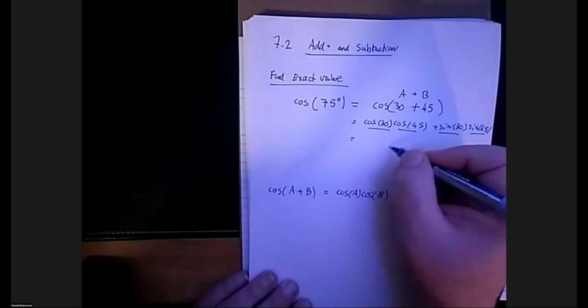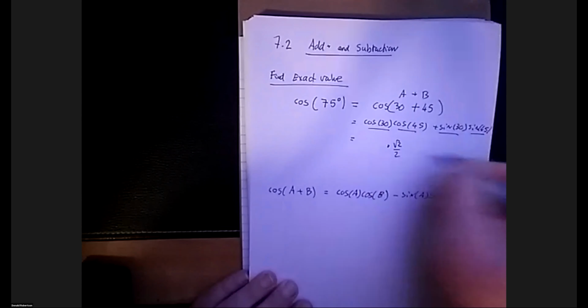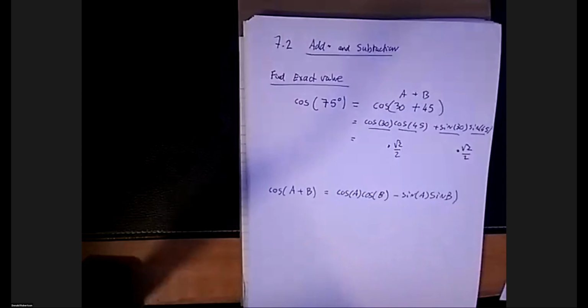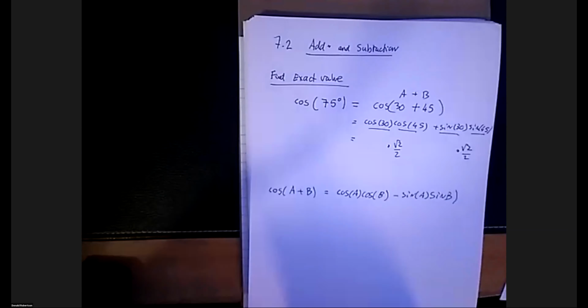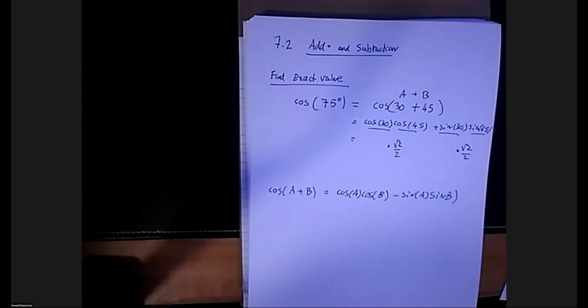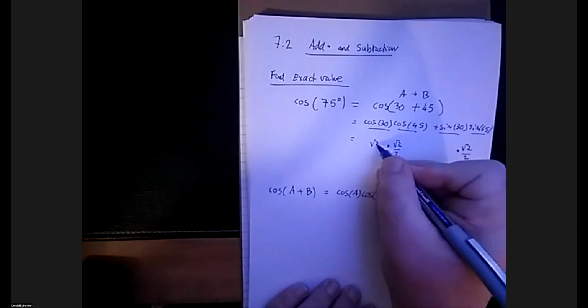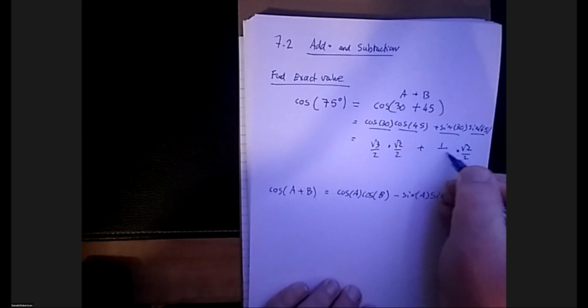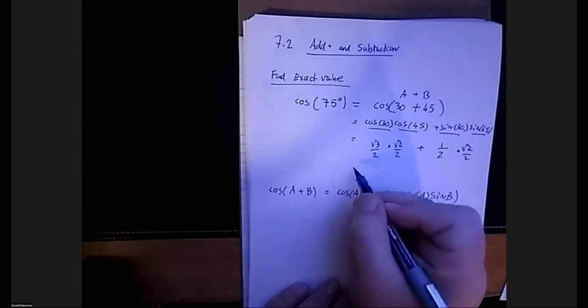For instance, the cosine of 45 is √2/2. And oh, by the way, the sine of 45 is √2/2. If I wanted to find the cosine of 30, wouldn't I be looking for the x coordinate on my unit circle where the 30-degree angle is? Imagine 30 degrees. And you would come up with √3/2, and the sine is a half.